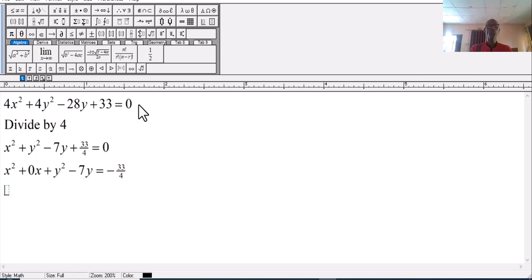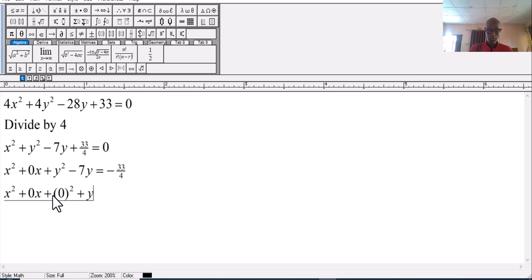So the process of completing the square now: x squared plus 0x. You find half of 0, and half of 0 will give you 0. So you can square that. You find half of it, then you square it.